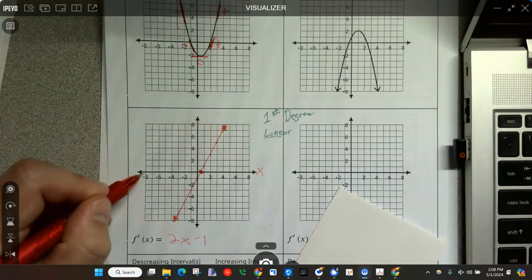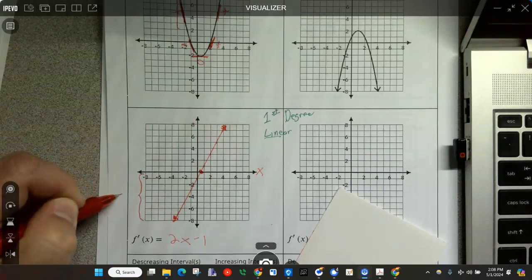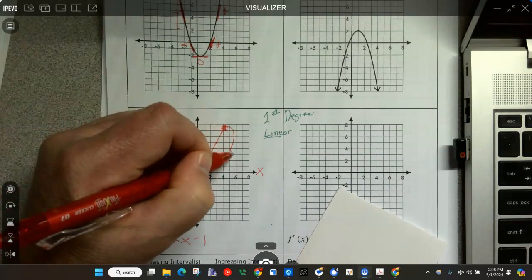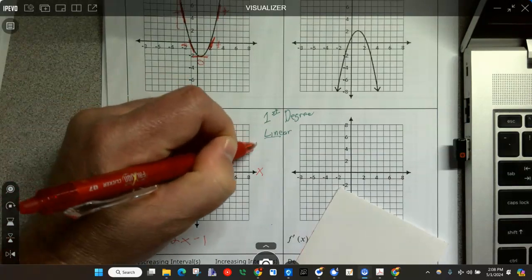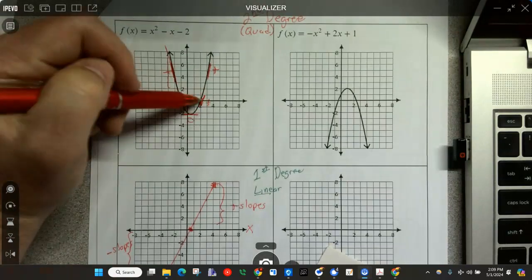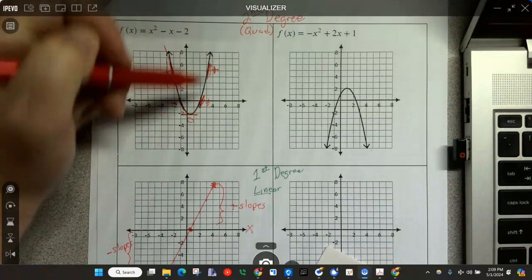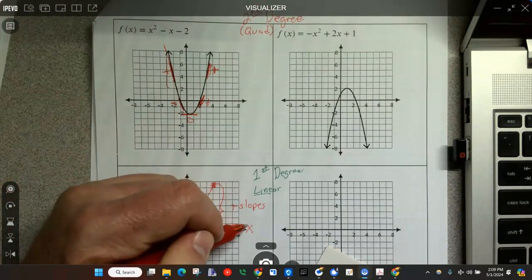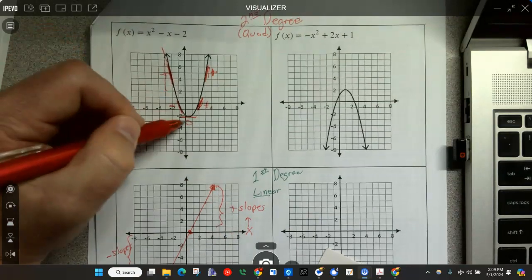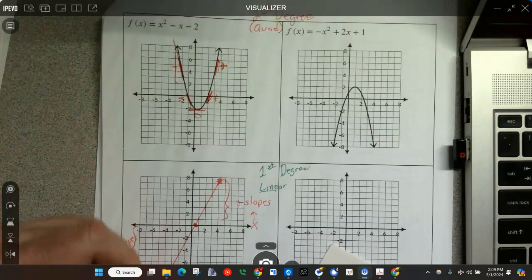So all of this, right, these are negative slopes. All of these are positive slopes. And they correspond with the fact that these are positive slopes here. That's why these are all above the x-axis, and these are all negative slopes, and that's why they're below the x-axis.